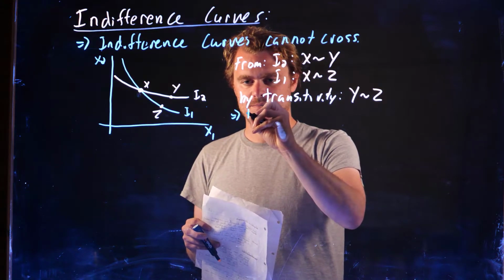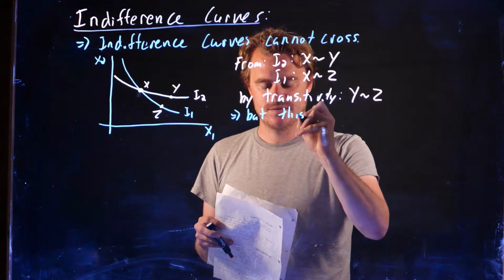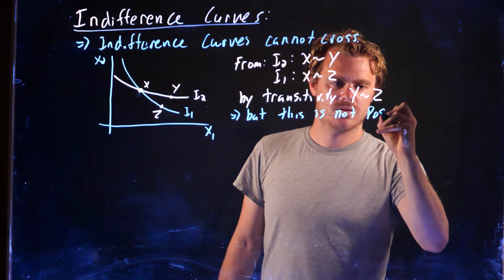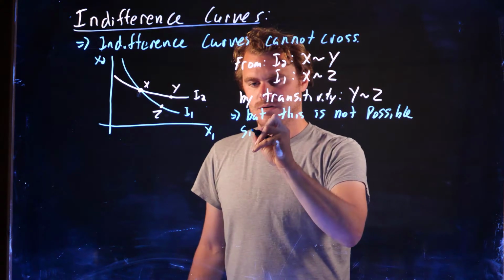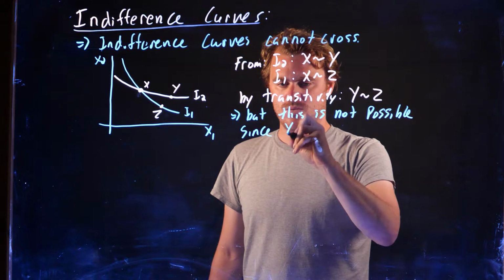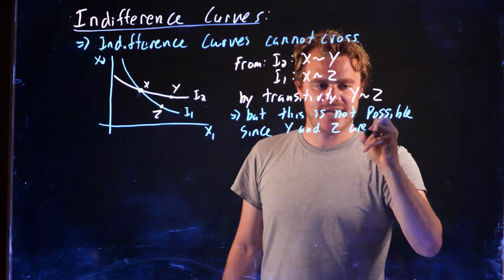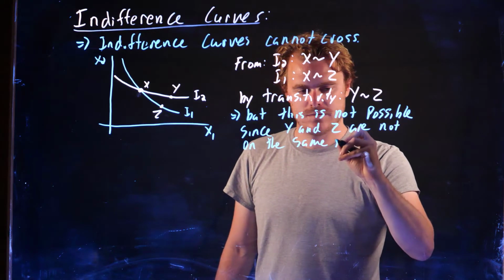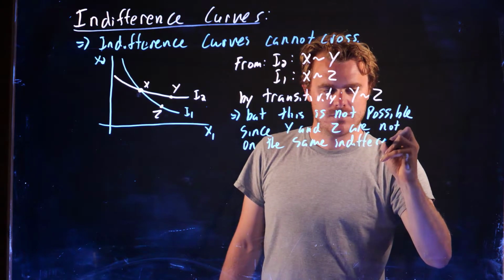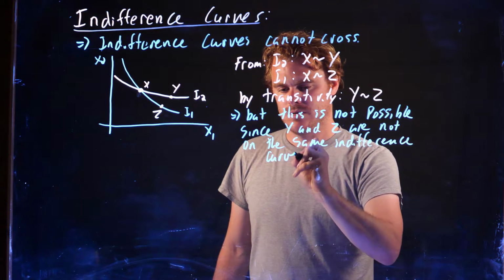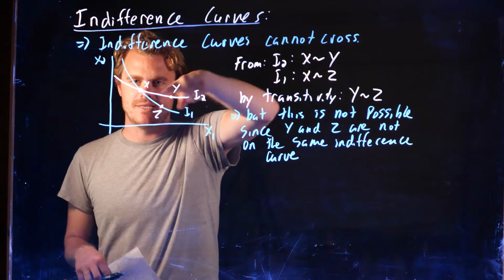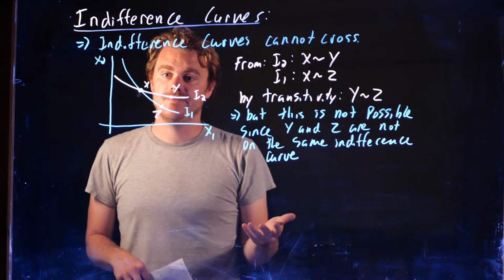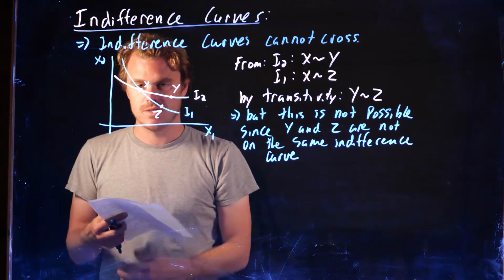So this isn't possible, since y and z are not on the same indifference curve. So basically transitivity stops these indifference curves from crossing. So if we're making this assumption that preferences are transitive, then we can't have crossing indifference curves.